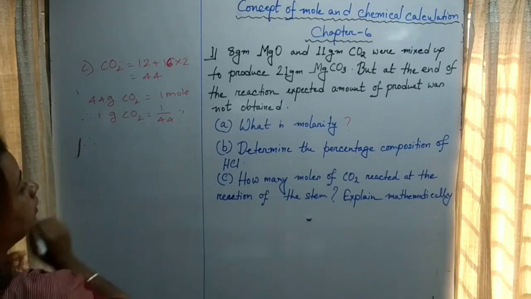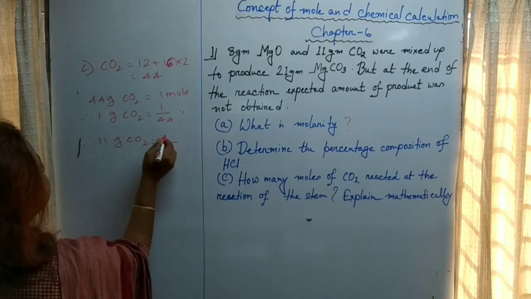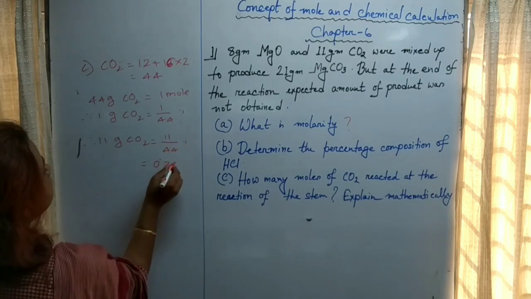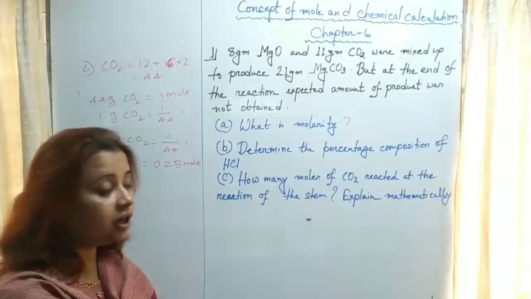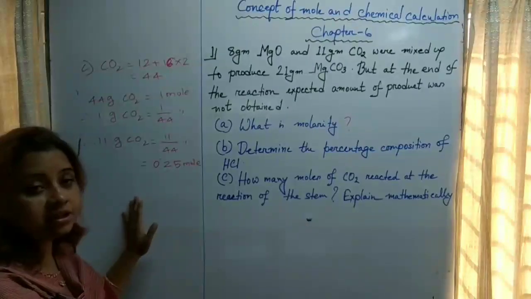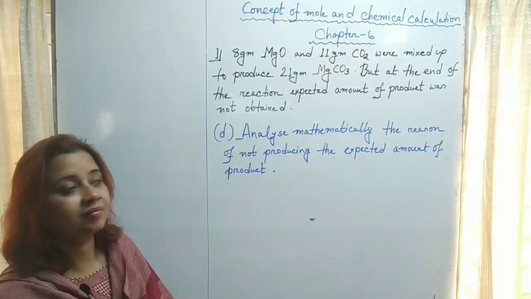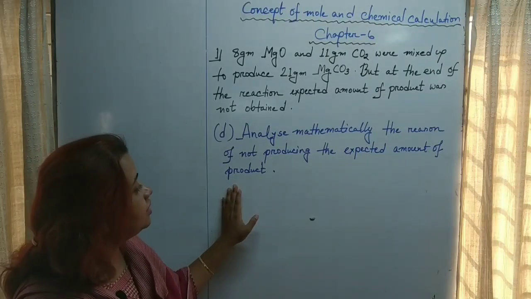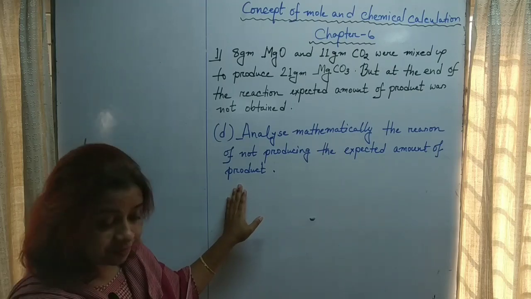Therefore, 11 gram carbon dioxide is equal to 11 by 44 mole, which is equal to 0.25 mole. Therefore, 0.25 mole carbon dioxide has been used in this reaction. Is this clear?